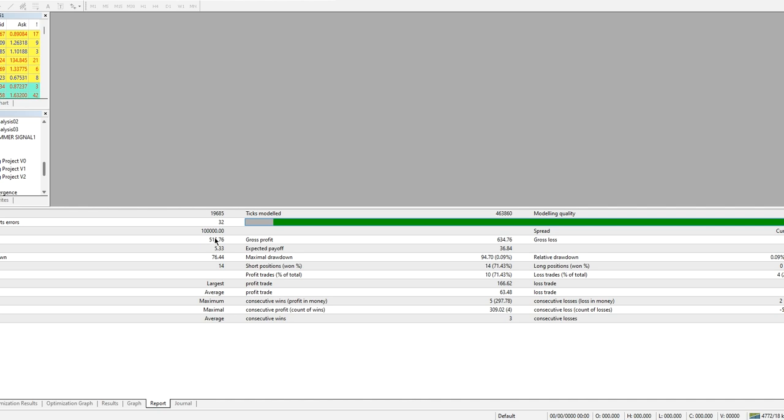And you see we're getting $500 of profit with the maximal drawdown of $95, and the absolute drawdown is around 76. So still good. Our success rate is 70%, and the average profit is 63, almost twice or more than the last. So it's very good performance.